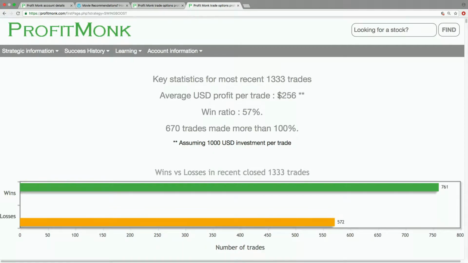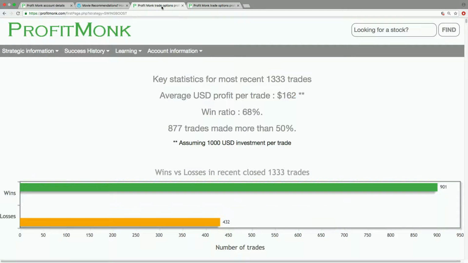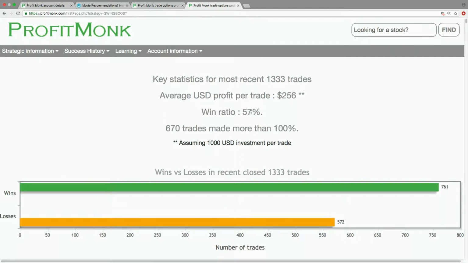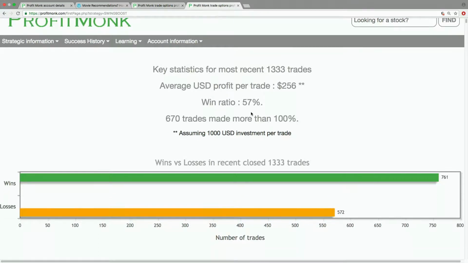What's the difference? Number one, you should notice 256 versus 162, so your expected gains jump. Your win ratio goes down naturally, right? So 68% goes down to 57%. It goes down, but it doesn't go down drastically or catastrophically. So what does that mean?